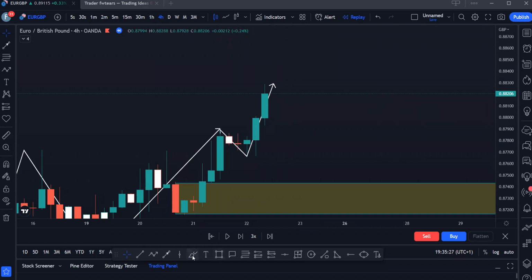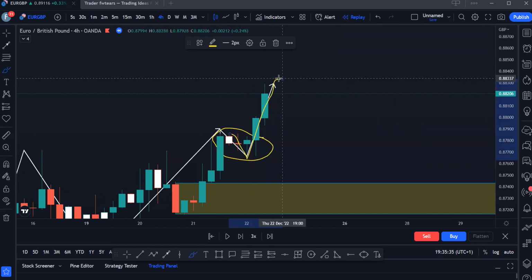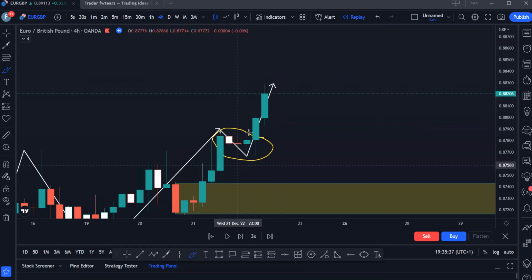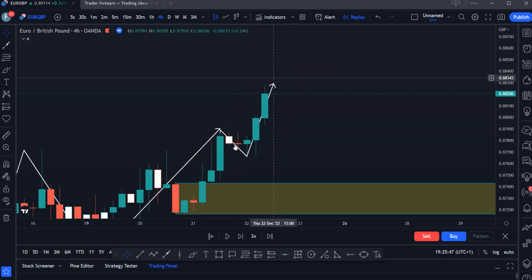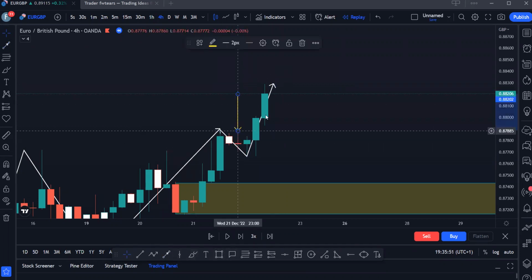And over here, we can see a reversal, because price came down here and then went all the way up. So there's a support zone here. So how do you draw out the support zone? The last sell candle before the buy move started happening. In this case, this is the candle that I'm interested in.